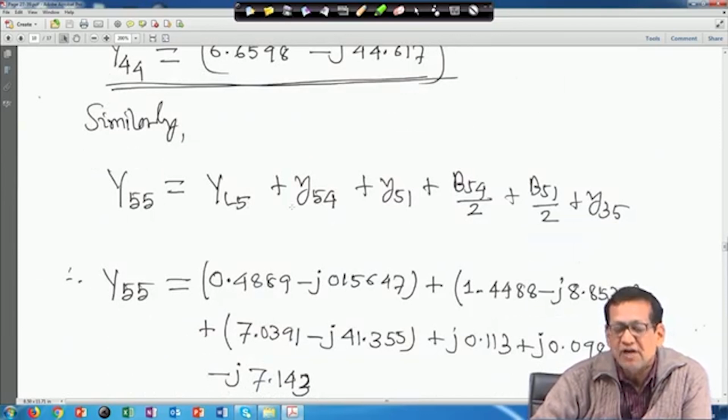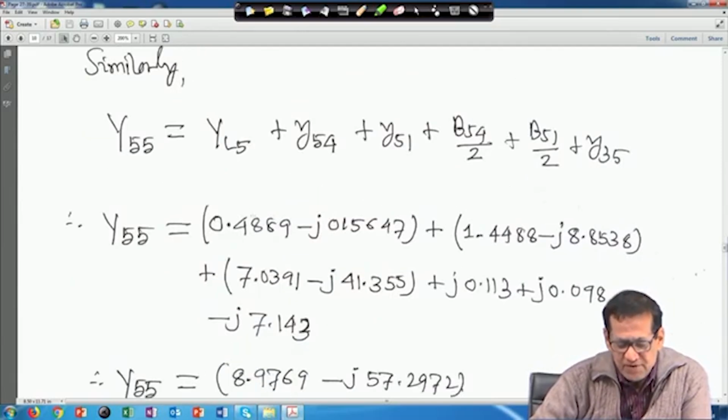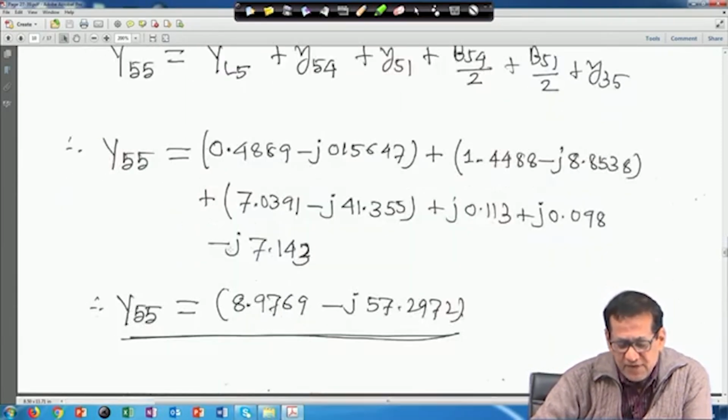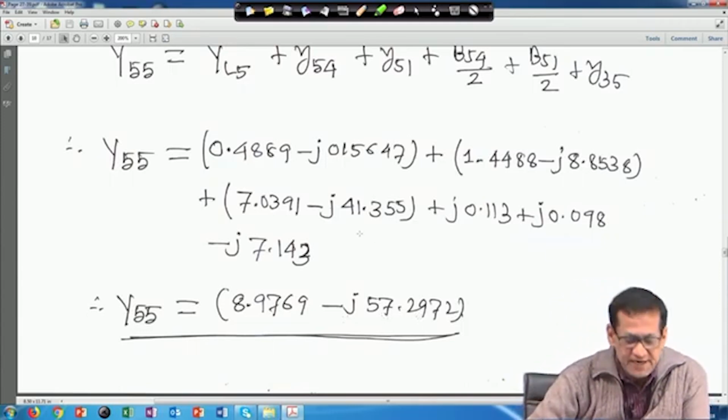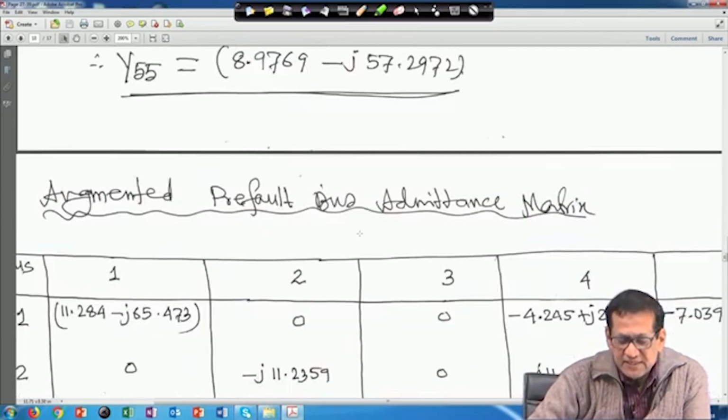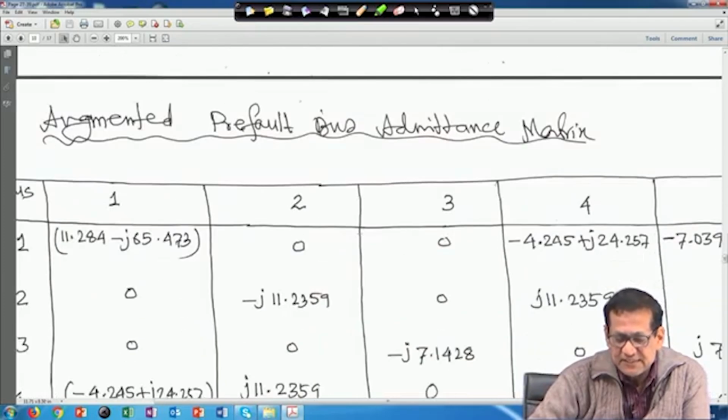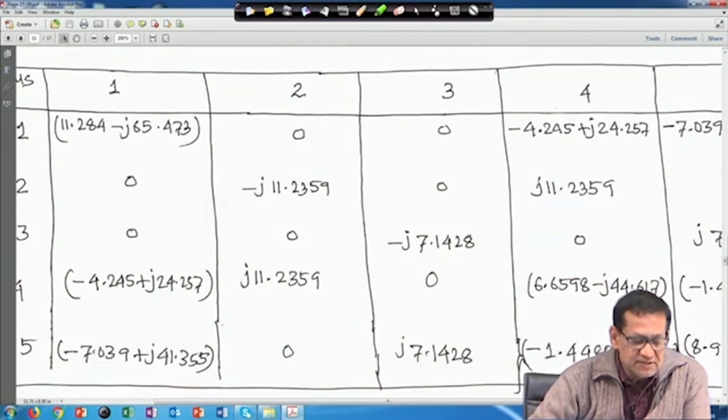Similarly, you calculate Y55, you know how to. The only thing is that the load admittance, which we take as a shunt admittance, has to be added. That is why YL5 is there, which we have already computed. If you add all, you will get Y55 as 8.9769 minus j57.2972. And the augmented pre-fault bus admittance matrix is a 5 by 5 matrix.